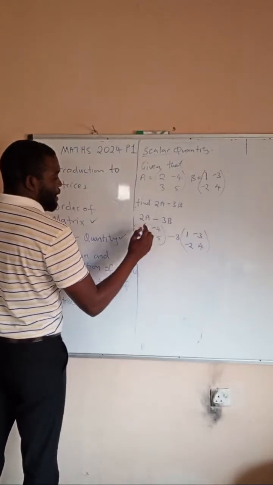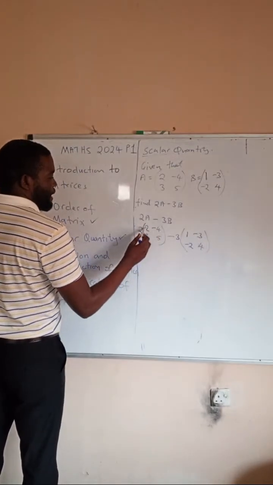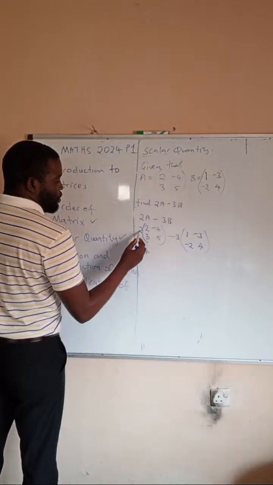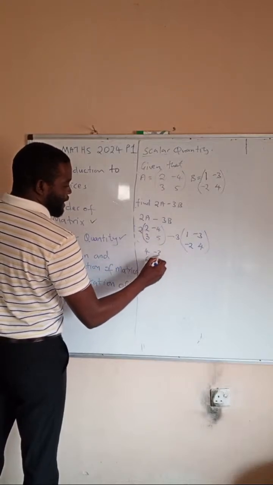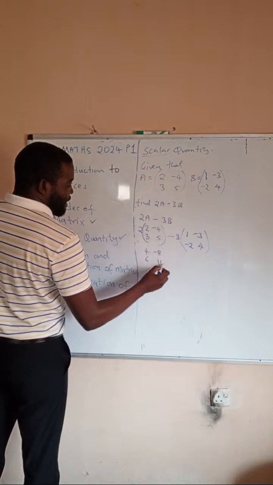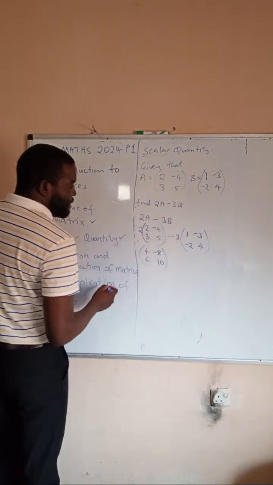Then here we have 2 times 2 is 4, 2 times 3 is 6, 2 times negative 4 is negative 8, 2 times 5 is 10. You do it like that.